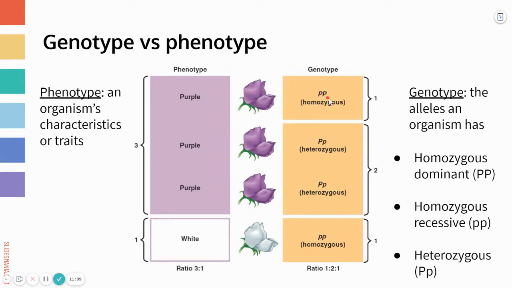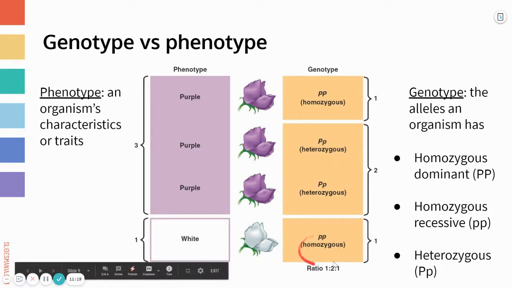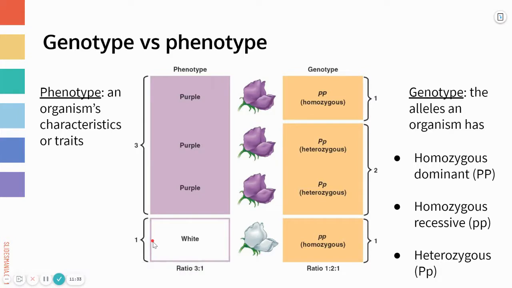So when we think about a genotype that's big P, the phenotype that corresponds to that genotype is purple flowers. Or if you think about a genotype of being homozygous recessive, or little p, the phenotype that comes about is white flowers. So both of these are visible outcomes of an organism's genotype. Anything that you can see, anything that's visible, is going to be part of an organism's phenotype.